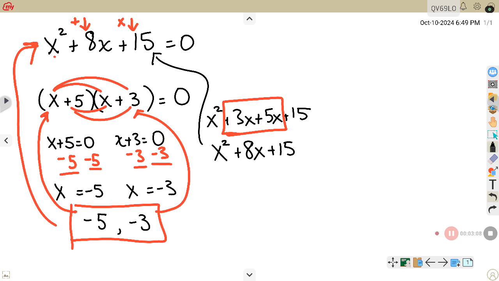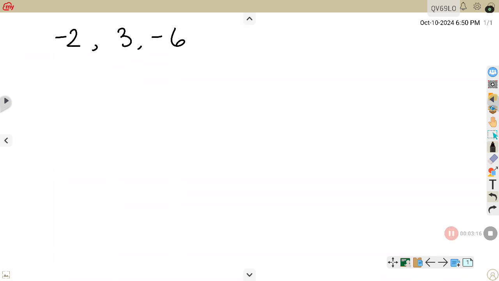We are going to be given the zeros of a function and then asked to find what was the function that they came from. All right, so let's look at these numbers. These are going to be the zeros that I have been given. So I'm going to go backwards and try to find the polynomial function that they came from.